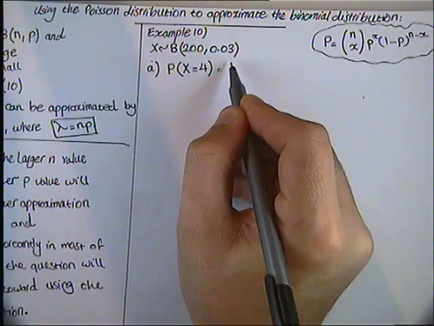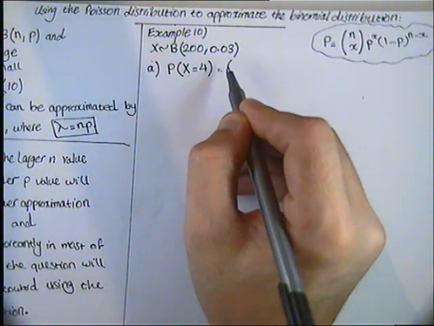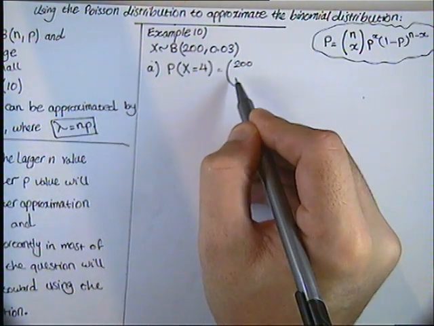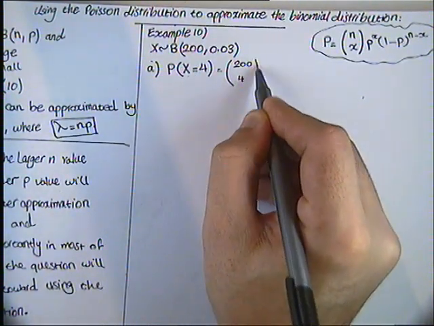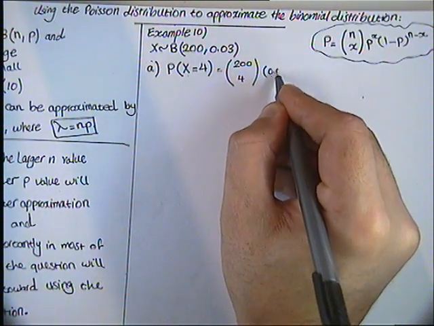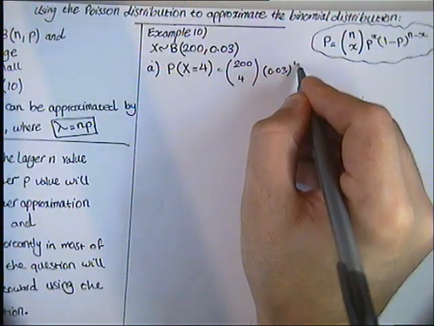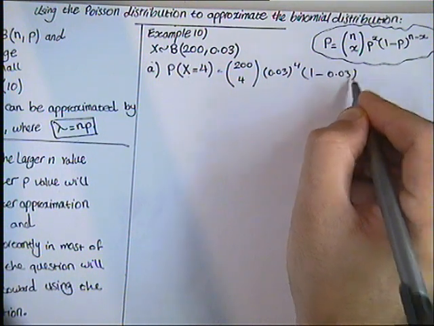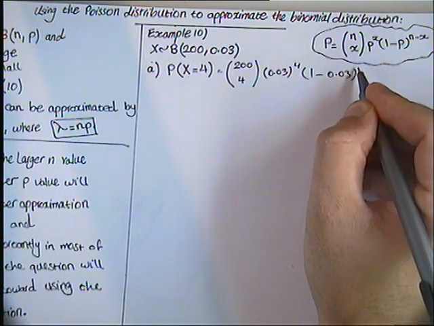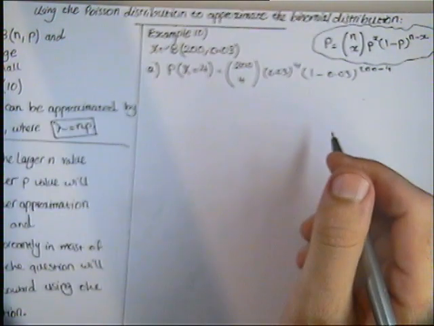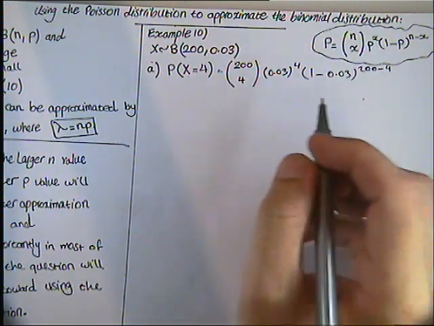Let's apply this formula, which I have already written here as well. n choose x. What is n? n is 200, the number of trials. Choose x, we are looking for 4, times p to the power of x, where p is 0.03, to the power of 4, times 1 minus 0.03 to the power of n minus 4, 200 minus 4, which is 196.